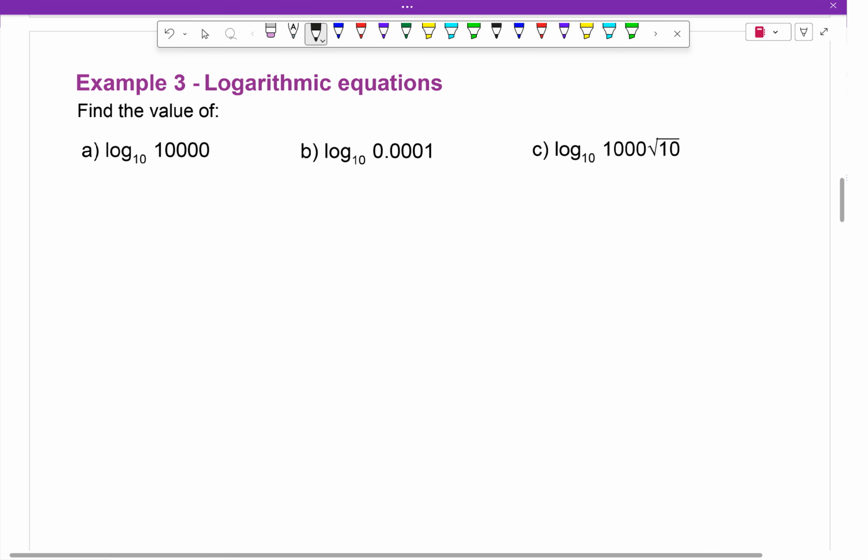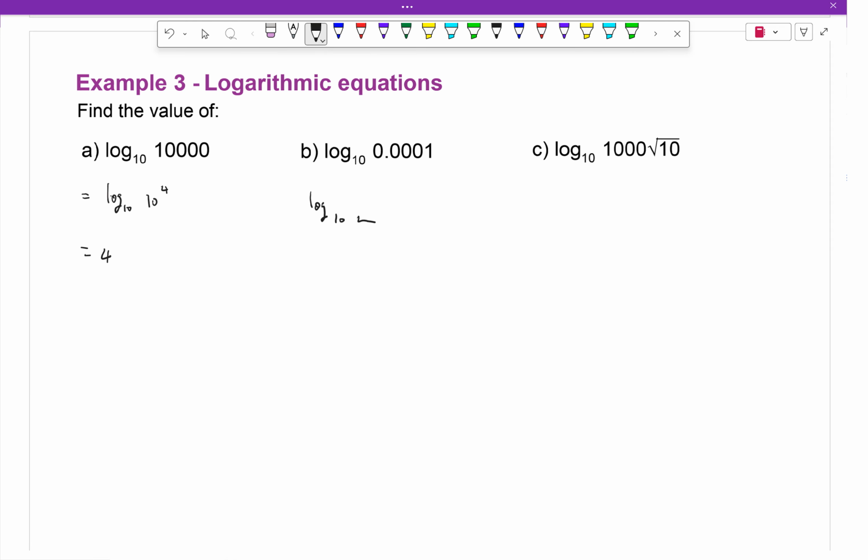Again, let's do some conversion. This one we can rewrite as 10 to the power of 4, so the answer for A is 4. For this one, log base 10, our base here must be the same as 10, so it will be easier, and that becomes negative 4. So our answer here is just negative 4.